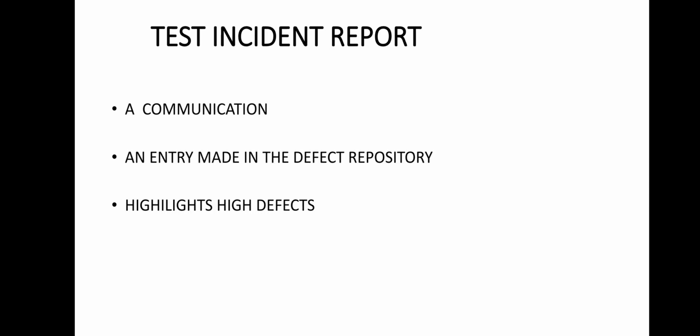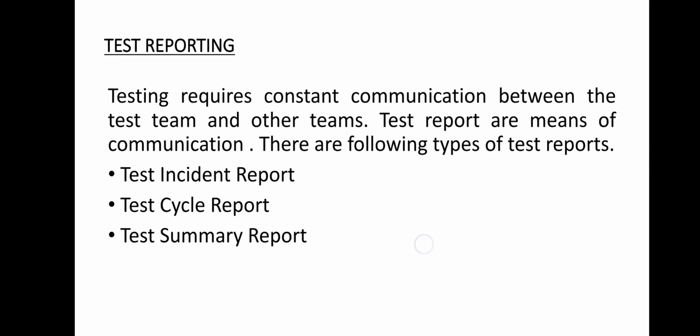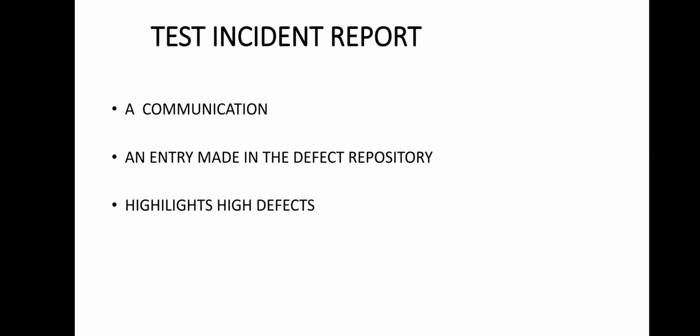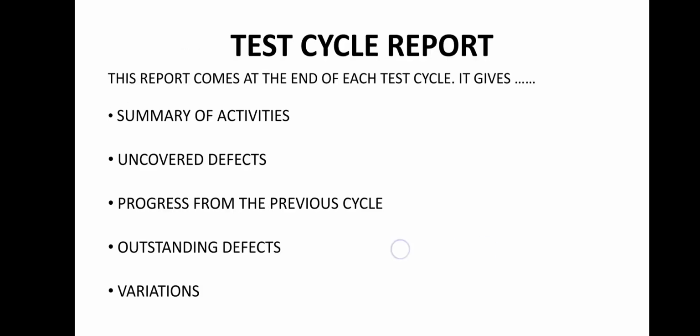The high impact related to this incident will be highlighted in the last report, that is the test summary report. The impact of any kind of defect will be observed here and it will be highlighted in the summary report.